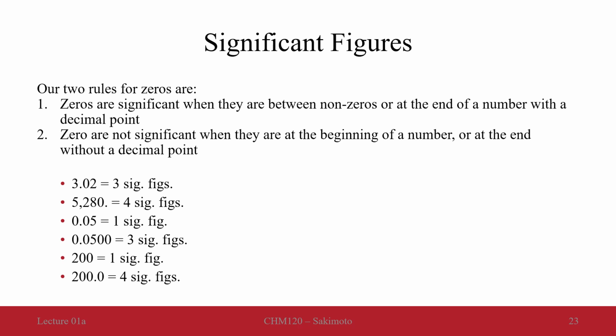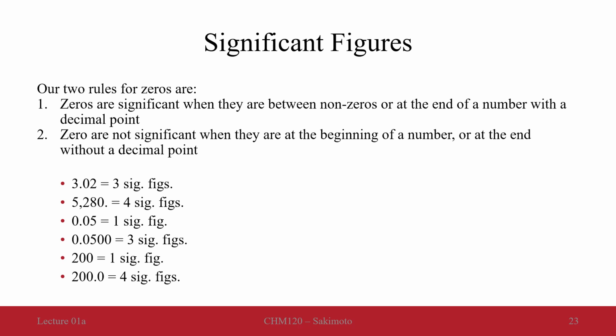Compare that to a number that's recorded as 200.0 with 4 significant figures. Again, these 3 zeros after the 2 with a decimal point are significant. This would indicate a number of 200.0, which would range between 199.9 to 200.1, a much smaller range, more precise measurement, more significant figures.